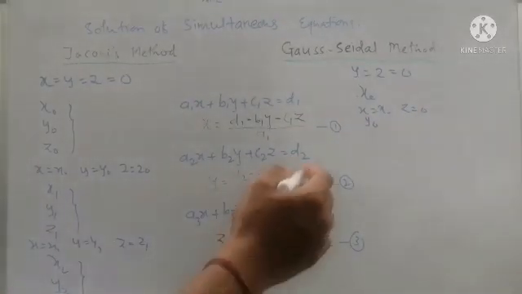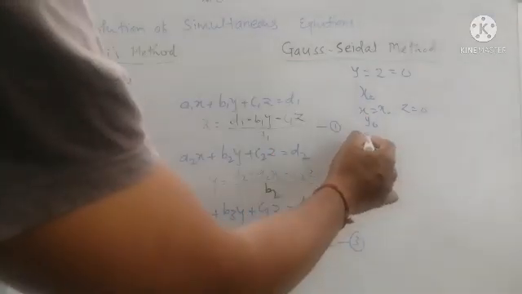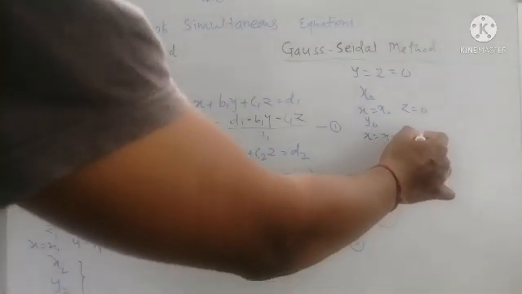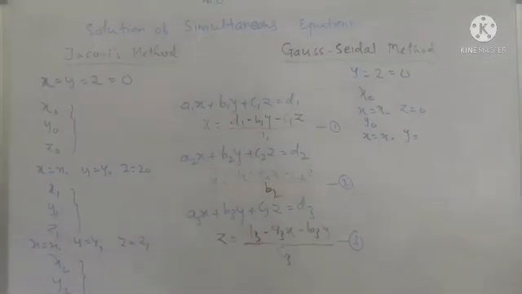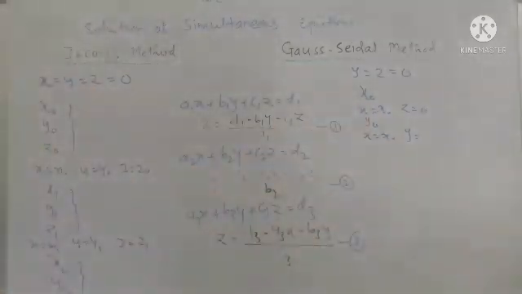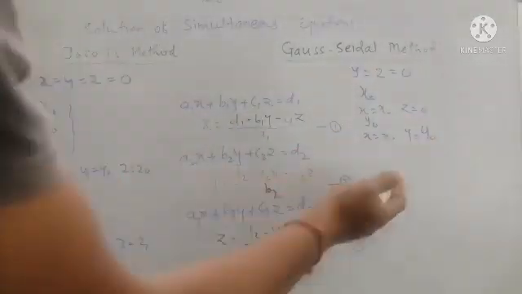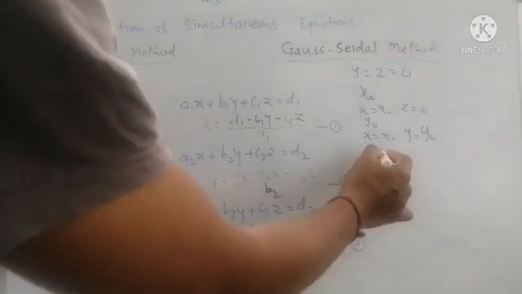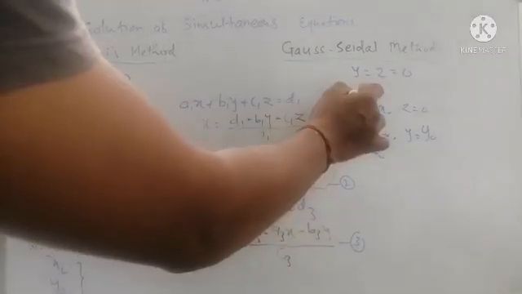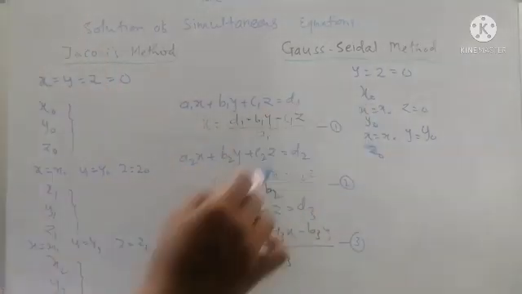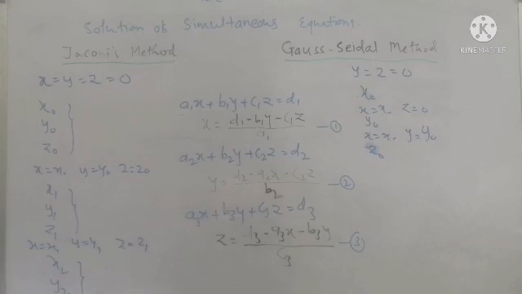Now to find z, as we define x as x0, what about y? We have two values of y, one which we assumed as 0 and one which we have calculated as y0. So take the calculated value, that means take y as y0, and by putting them in equation 3, we get the value of z as z0. So we now have three values x0, y0, z0, which are our approximate roots for the first iteration.